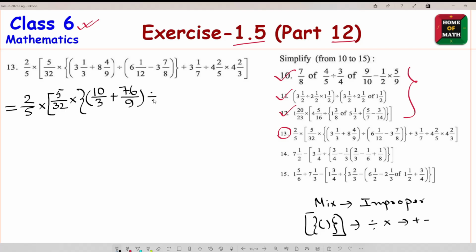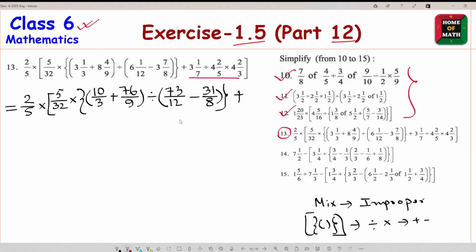Then division again, first bracket, 12 times 6 is 72, 72 plus 1 is 73 divide 12, minus, then 3 7 by 8, it means 8 times 3 is 24, 24 plus 7 is 31 divide 8, first bracket close, second bracket also close, plus.